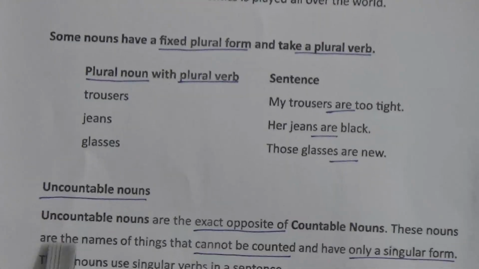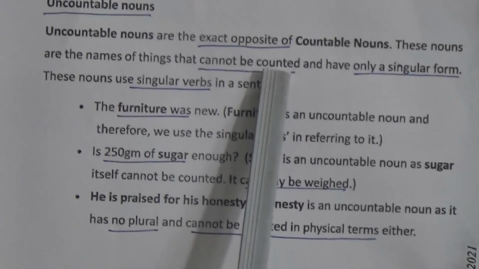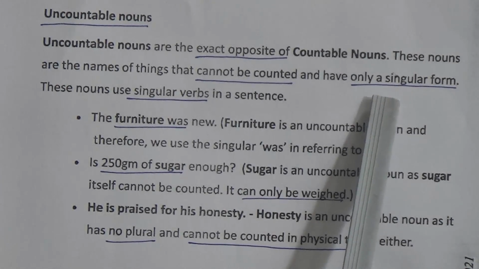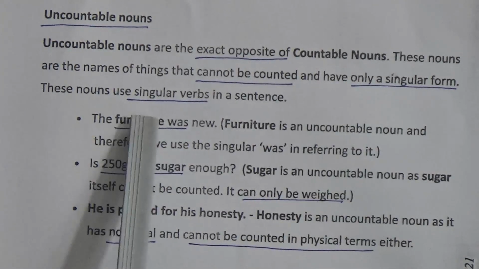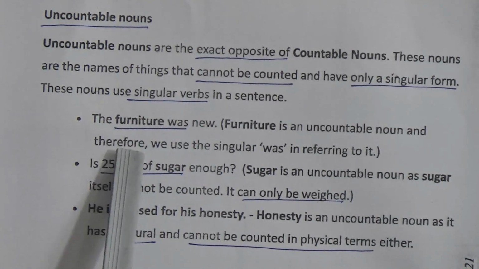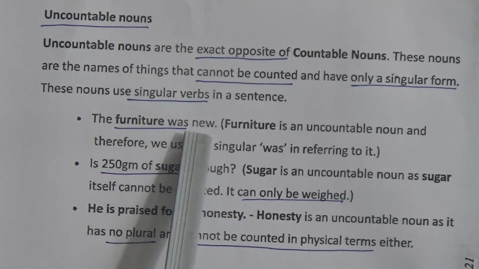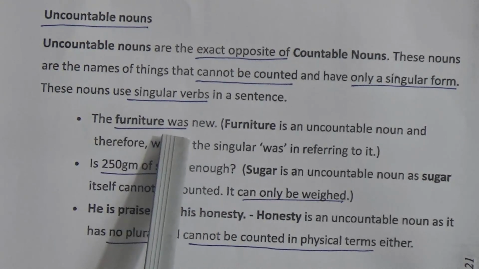Next we will move to uncountable nouns. Uncountable nouns are the exact opposite of countable nouns. They cannot be counted and they only have singular forms. Okay? As they are singular, they use singular verbs in a sentence. Let's look at the example. The furniture was new. See, the word furniture is taking a singular verb.